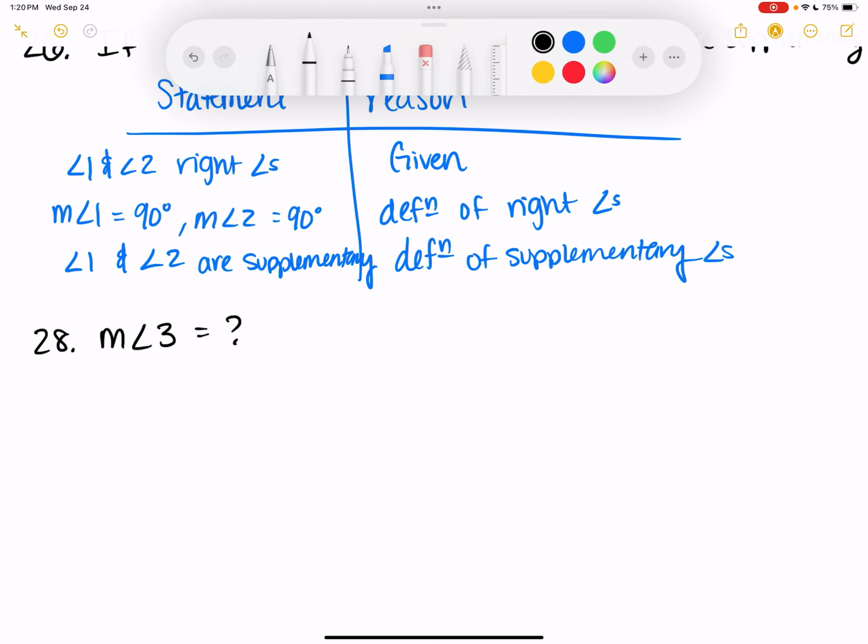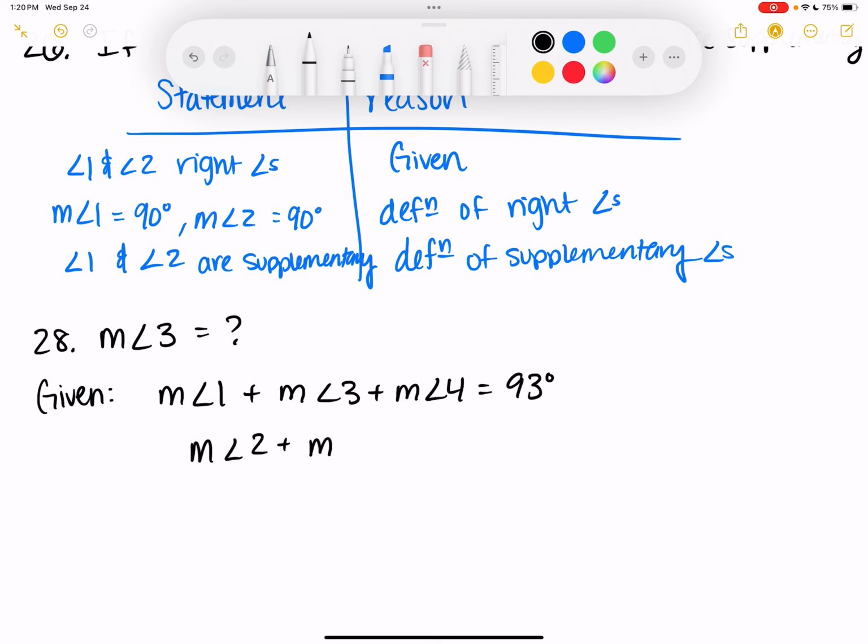So all our given information is going to be right here. The measure of angle 1 plus the measure of angle 3 plus the measure of angle 4 is 93 degrees. The measure of angle 2 plus the measure of angle 4 is 62 degrees. The measure of angle 2 is equal to the measure of angle 3.